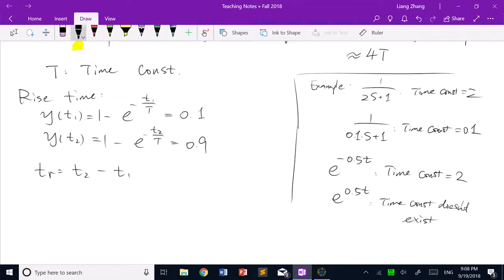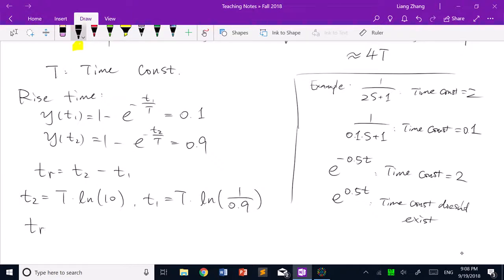And then of course the rise time will be t2 minus t1. To calculate t1 and t2, you could use the same methodology. t2 will be equal to T times logarithm of 10, since 1 minus 0.9 is 0.1, and you take the reciprocal. t1 will be T times logarithm of 1 over 0.9, since 1 minus 0.1 is 0.9, and you take the reciprocal again.